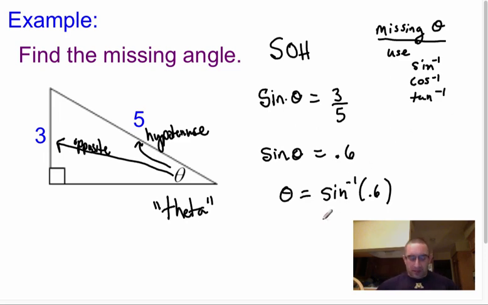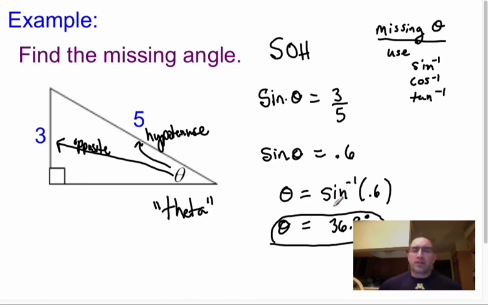So on our calculator, we can type in sine inverse and put in the 0.6, and that should give us an angle of 36.9 degrees. If you want to pause this, right now would be a good time to practice using that sine inverse key on your calculator.